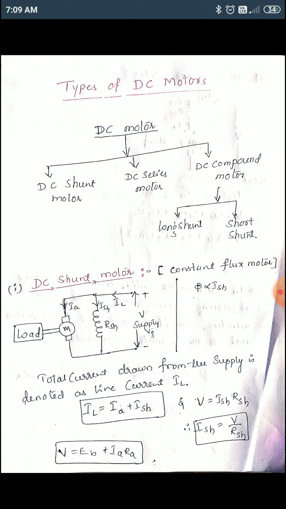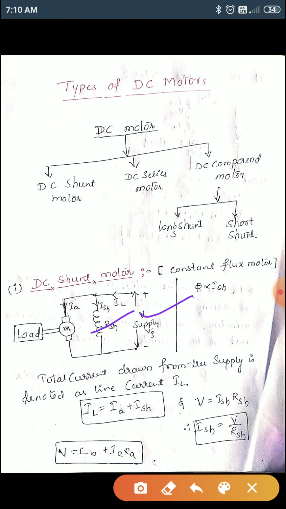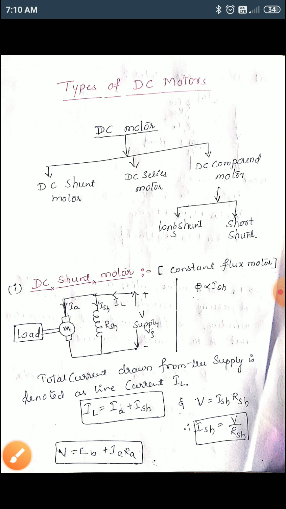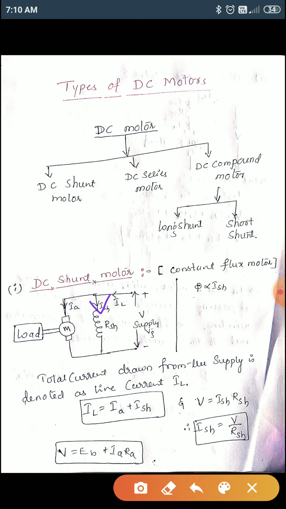Another equation is with respect to the field winding. V should be equal to the voltage across it: you know the current flowing through this winding and its resistance, so V is equal to ISH into RSH. Therefore ISH can be calculated as V divided by RSH. The flux produced is directly proportional to the shunt field current.